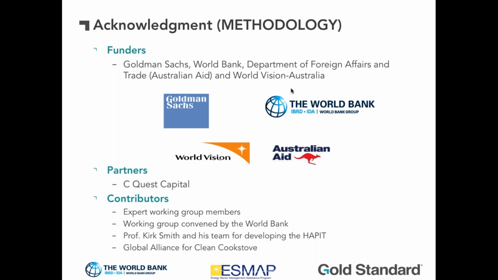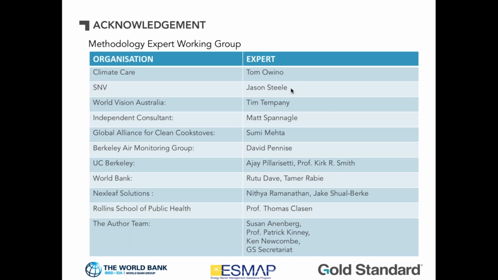A lot of the material developed as part of this project involved the contribution of the Berkeley Air Monitoring Group and Ajay Pillarisetti from UC Berkeley. The expert working group, which provided inputs during the development of this methodology, included organizations like Climate Care, SNV, World Vision Australia, and so on. You can see a list of organizations and experts who contributed to the development of this methodology on your screen.